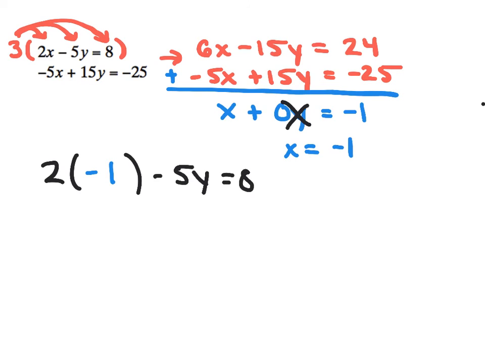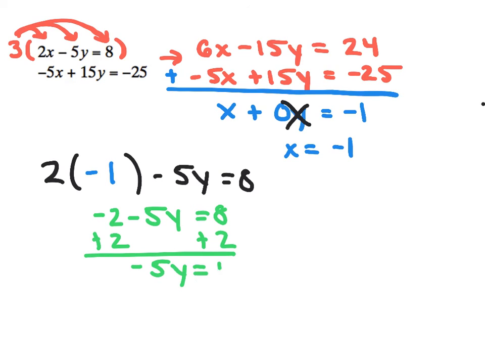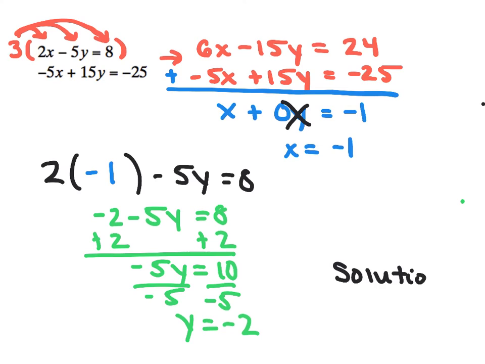If I solve, I'll have negative 2 minus 5y equals 8. Add 2 to both sides to get negative 5y equals 10. And divide both sides by negative 5 to get y equals negative 2. So the solution to this system is negative 1, negative 2.